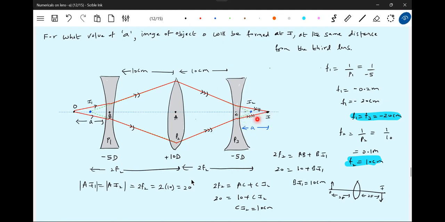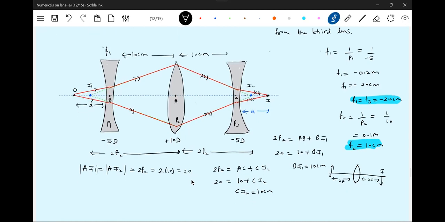He's asking to calculate the A. Now we know BI1, we know the focal length of this lens, so we apply the lens equation. 1 by BI1 minus 1 by BO should be equal to 1 by F1. BI1 we know, minus 10. BO is minus A.